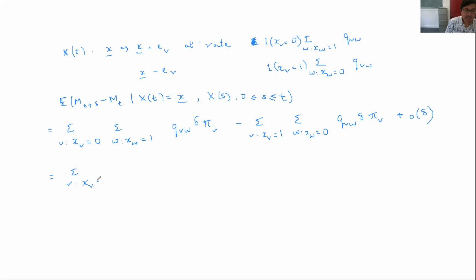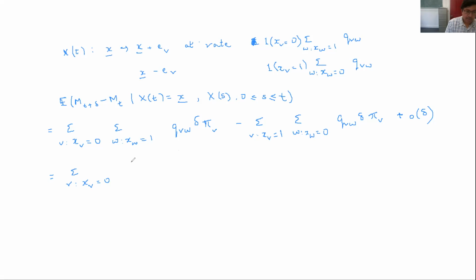And for each vertex v, I have here the sum over w such that xw is 1 of this term. I'm also adding the sum over w where xw is 0 of the same thing. So I've added it over all possible w, whether xw was 1 or 0.